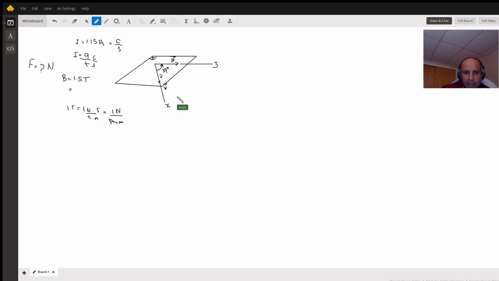Okay. So because the magnetic field is running in the z direction, and the current is running in the x direction, you use the right hand rule. What the right hand rule says is we take V and cross it with B, and based on the right hand rule, the direction of the force is going to be up like that.